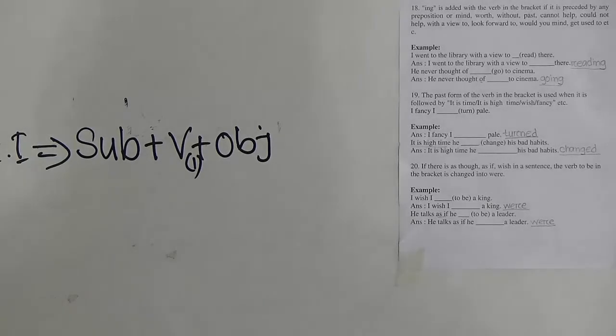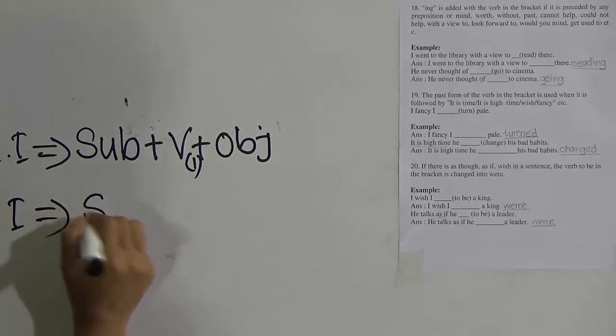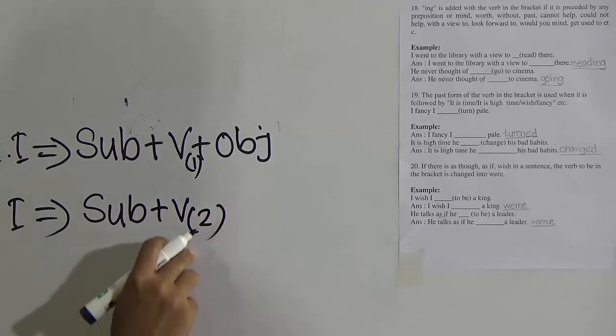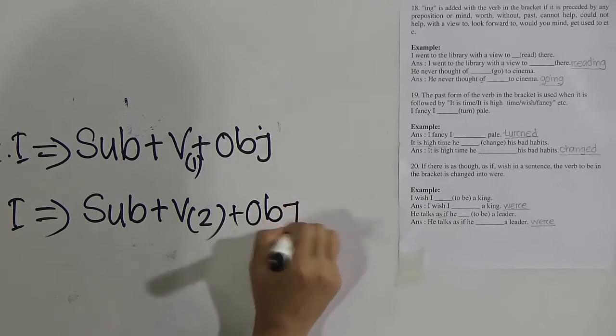Now come to past indefinite tense. The structure is subject plus verb 2, which means the past form of the verb, then object.